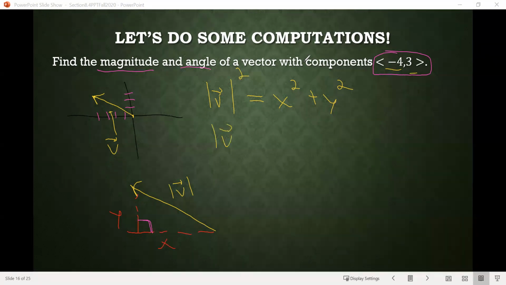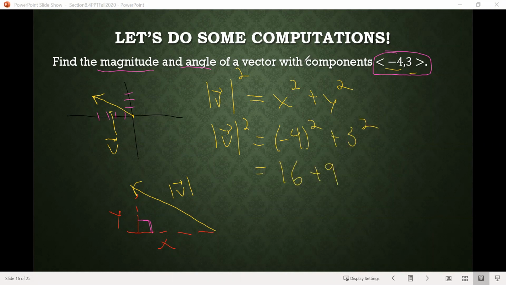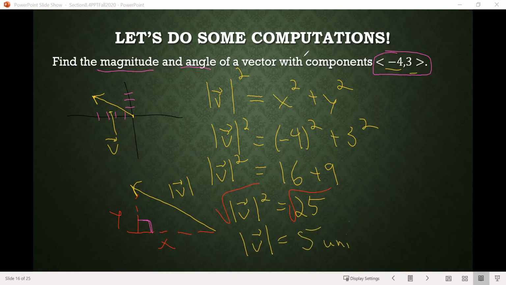Plug in the information we have: the magnitude squared equals -4 squared plus 3 squared. That gives us 16 plus 9, so the magnitude of v squared equals 25. Take the square root on both sides, and the magnitude of v is equal to 5 units, whatever our units are. So that would be our magnitude.